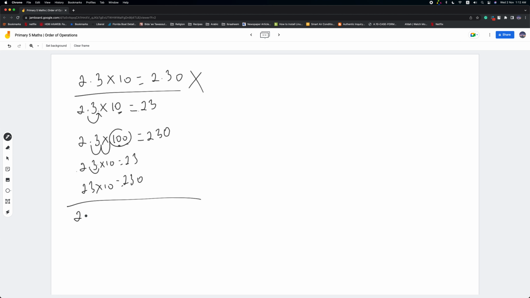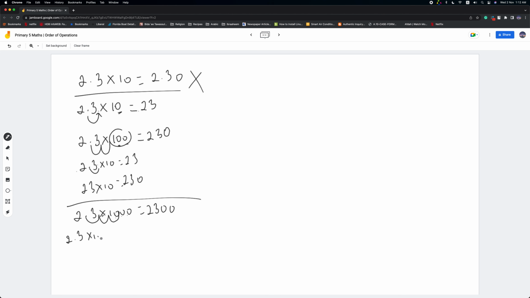Alright, now let's say we have 2.3 times 1,000. Okay, same thing. We'll shift once, twice, thrice. So you see there's 2 spaces here for us to fill in. So we have 2, 3, 0, 0, and the decimal goes there. But again, we mentioned before, we do not need to write the decimal down. Okay, again, if you are confused, what you can do is you take 2.3. You see there's 3 zeros, right?